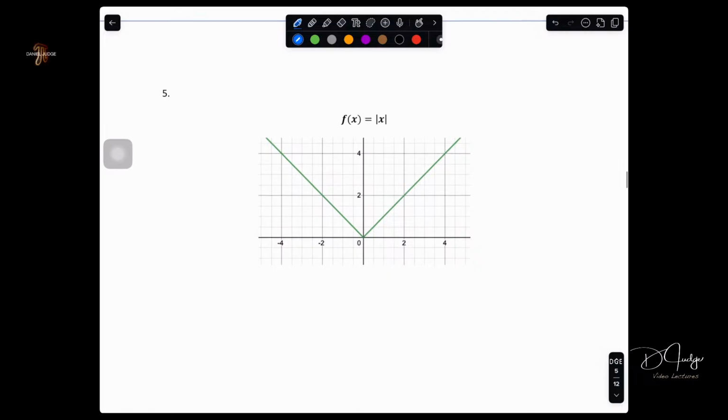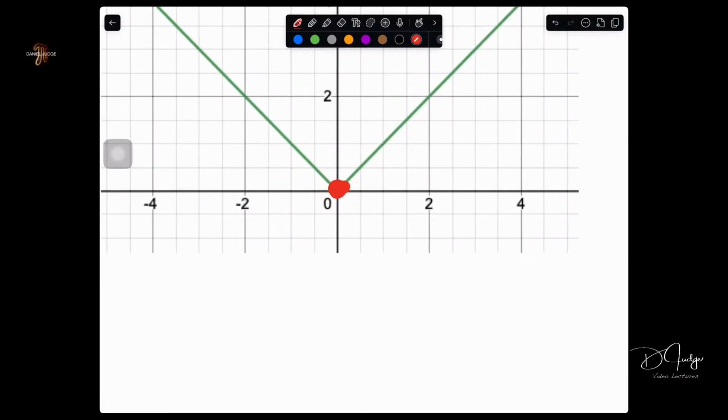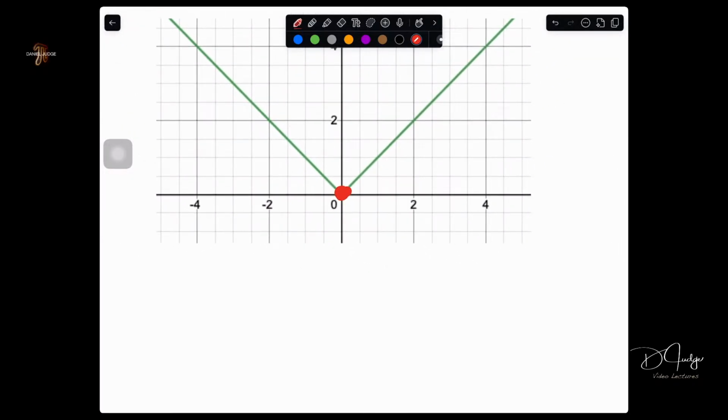All right. The absolute value function is a classic function that, although it's defined for all real numbers, is not smooth at the origin. What we mean by not being smooth is you have a sharp corner.